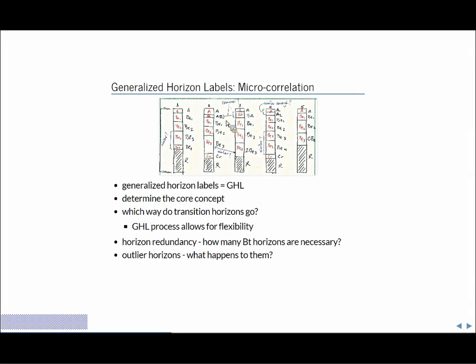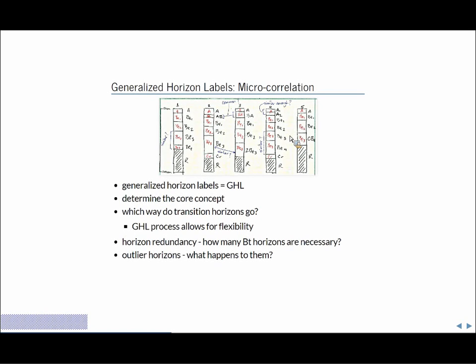Another issue is redundancy in horizonation. We have potentially 3 BTs here. Is that really necessary in the core concept that we want to convey? And then occasionally we'll have in a profile outlier horizons, or say a stratified horizon, something that's just sort of oddball in there.